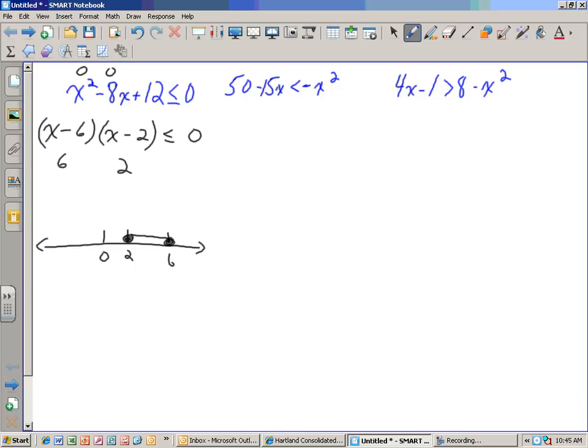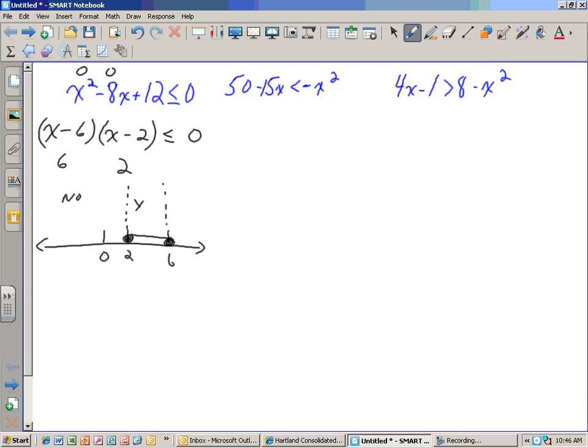But if you pick a number between 2 and 6, it will work. And values greater than 6 will not work. Remember testing those intervals. We've taken this number line and we've divided it up into 3 intervals. And nothing out here worked. If one number out here doesn't work, none of them do. We picked a number between 2 and 6.